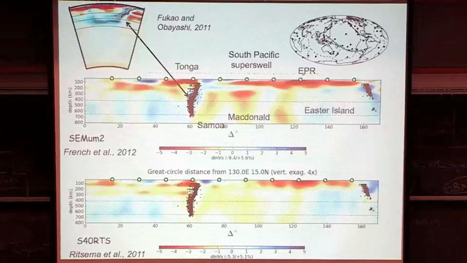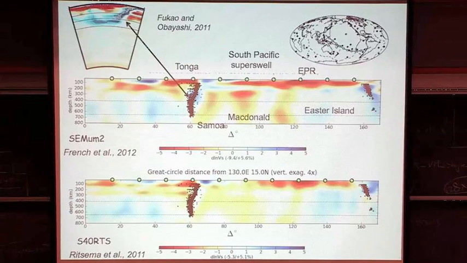This is the same cross-section. This is STRTS, the working model that we have right now in the same region. And you can see there are a lot of similarities. In the large scale, we see slow velocities where they see slow velocities, etc. But in detail, there are stronger low velocity anomalies, and somewhat we start to separate perhaps what are conduits through the upper mantle.